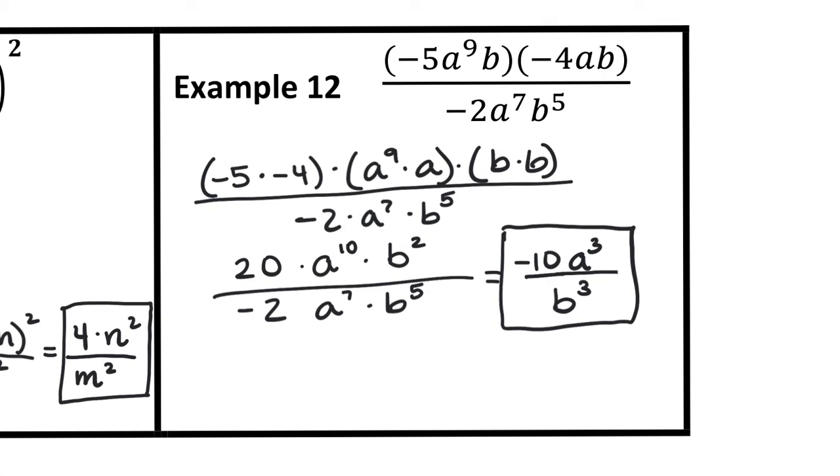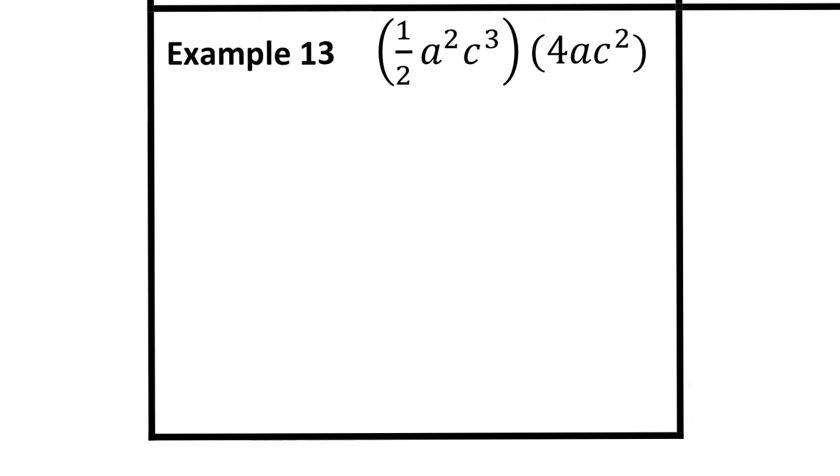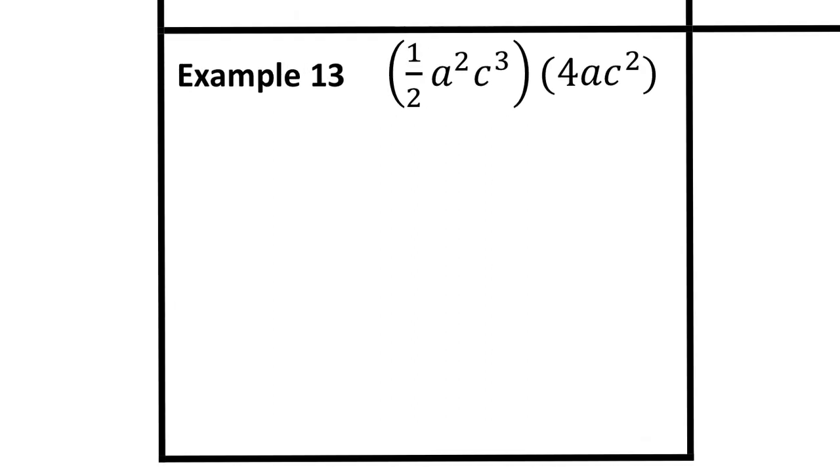Then we have one more example. Example number 13. So if we combine the numbers together, we have 1/2 times 4 times a squared times a, combining the a's together, times c to the third times c squared.